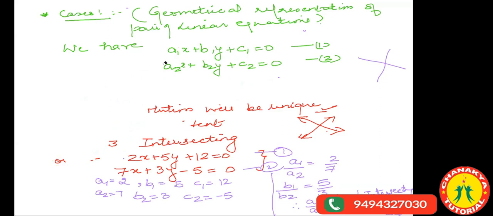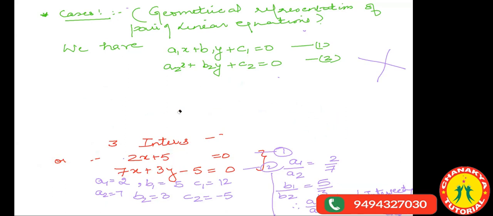So now see here. The next case: once here I have written that A1 upon A2 is not equal to B1 upon B2.